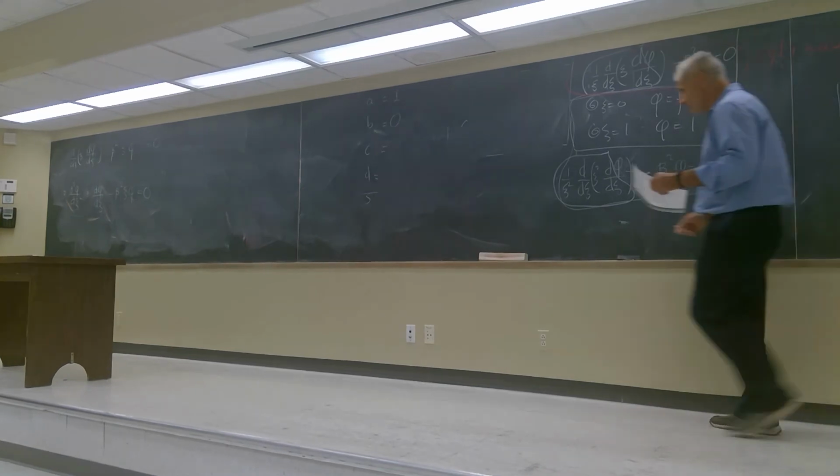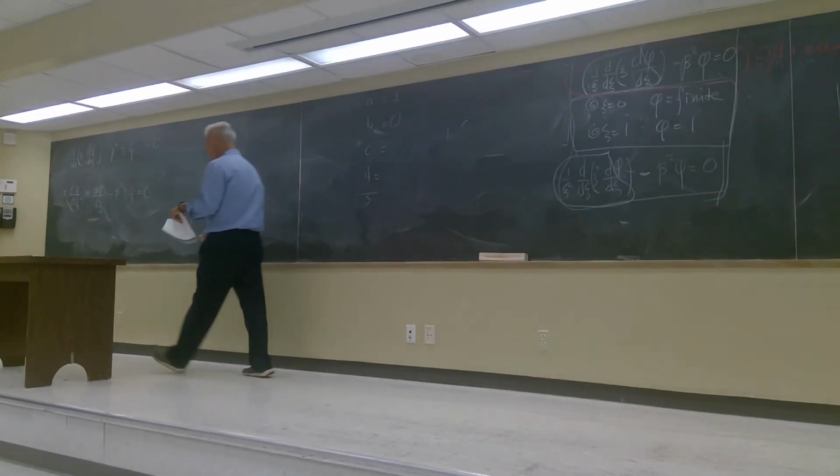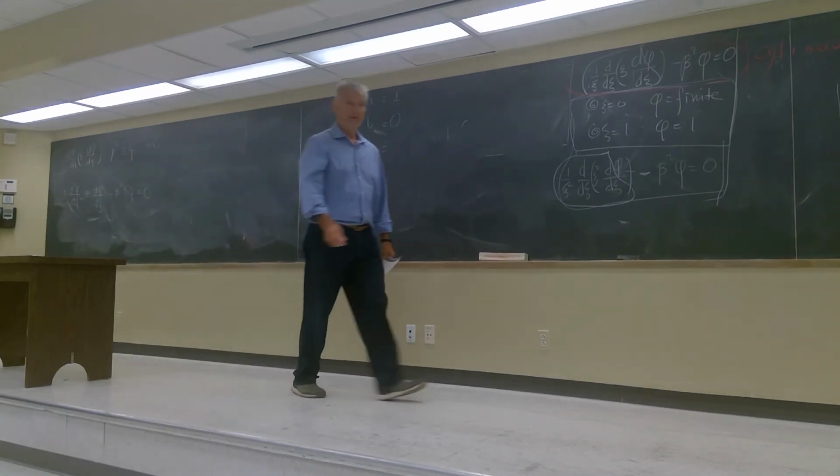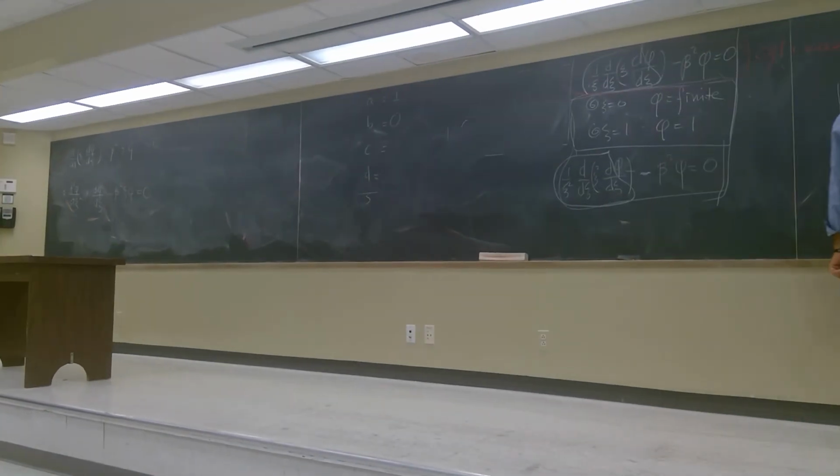Now, if the b is 0, that means the last two terms are going to be, of course, 0, right? Because b is 0. We have to get c and d.